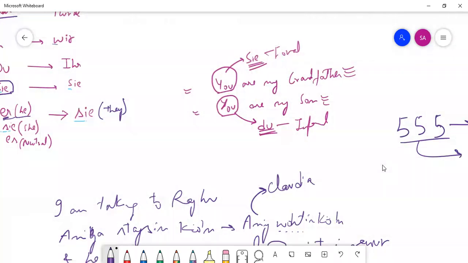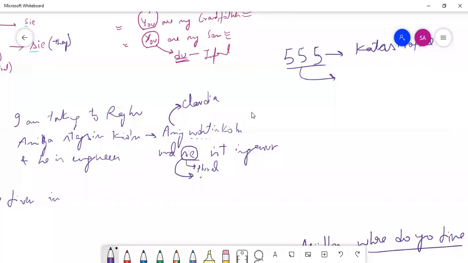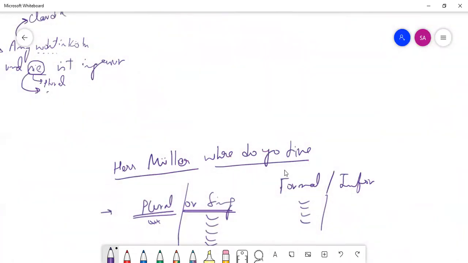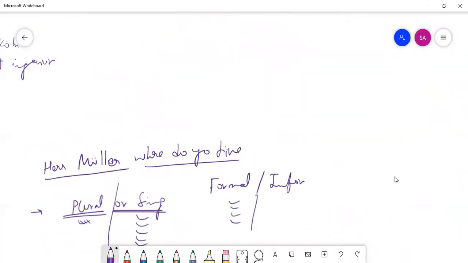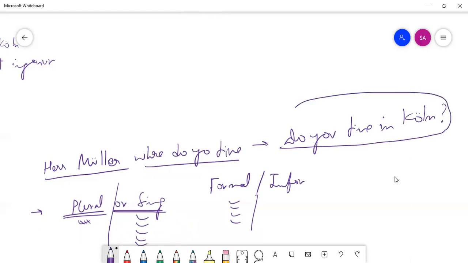In case I were to use, let's say, the second sentence, Herr Müller, where do you live? Do you live in Köln? If I were to ask like this, then, as I said earlier also, most likely you will be using this pronoun in the second sentence. Like in English also, I'm using the pronoun here, right?